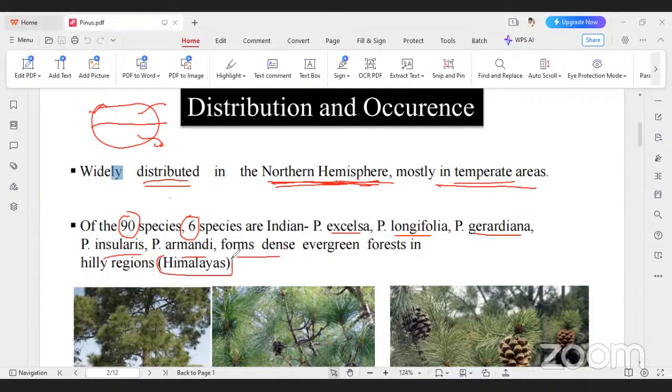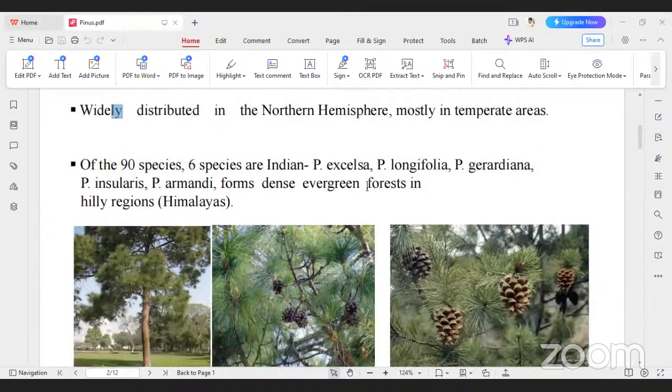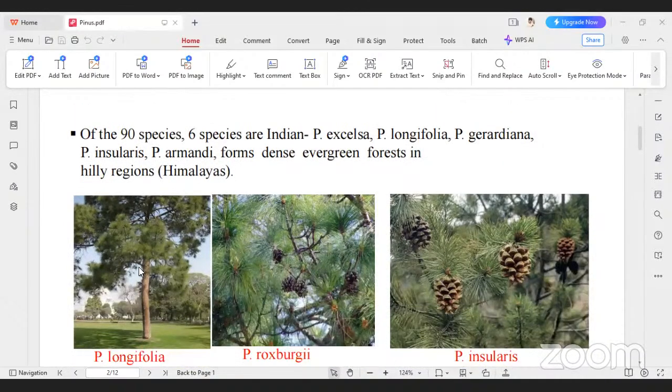You must have seen, in some films, these types of pictures. In most of the films, we can see these conifer-shaped plants, especially the Pinus trees. Let's see here. So these are Pinus trees.